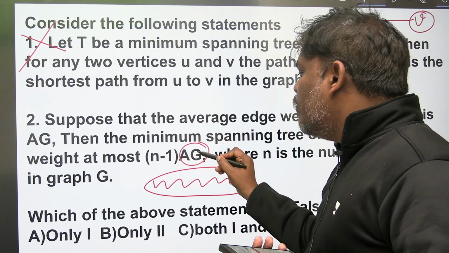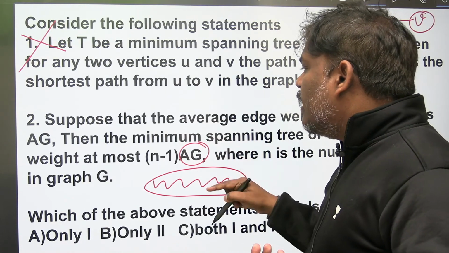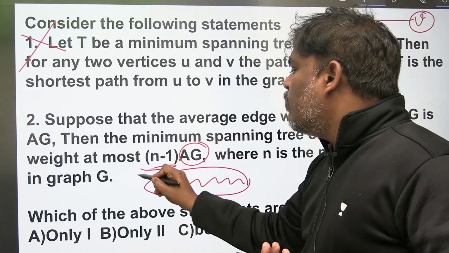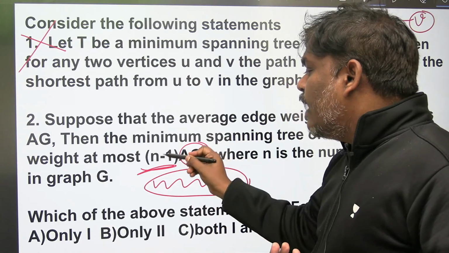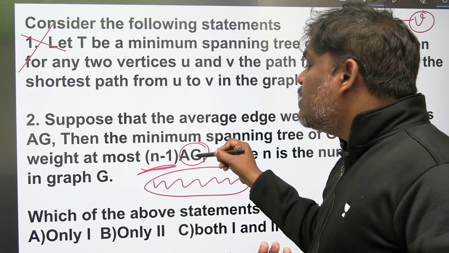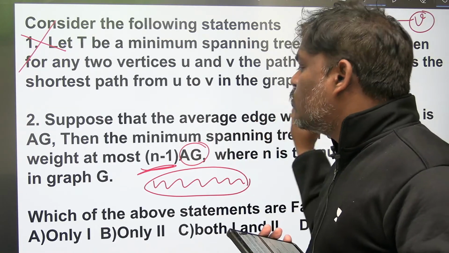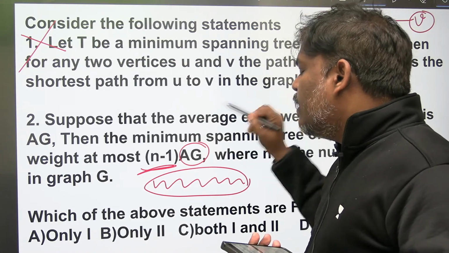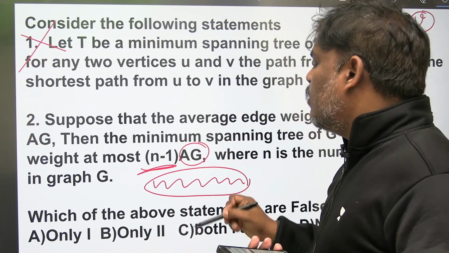Assume that is AG. Then when you construct the MST for the given graph, you will take only n-1 edges. So n-1 into AG is the MST cost at max.